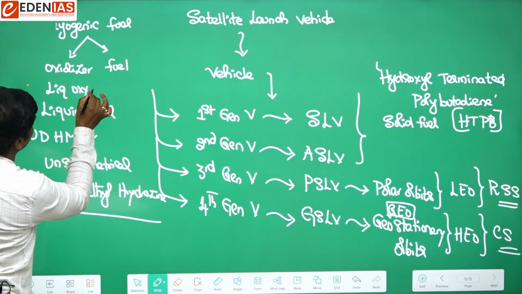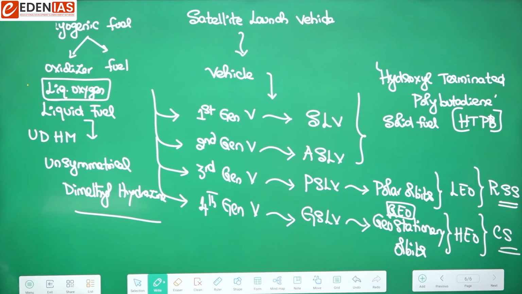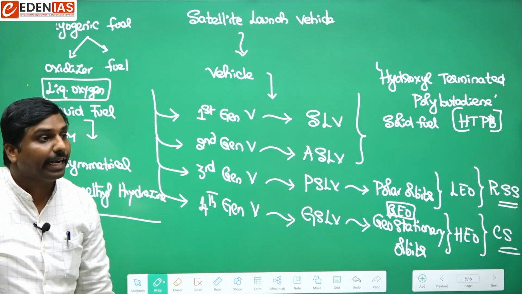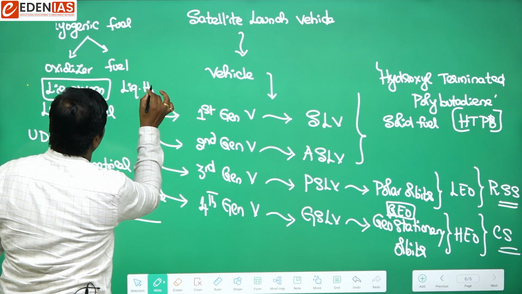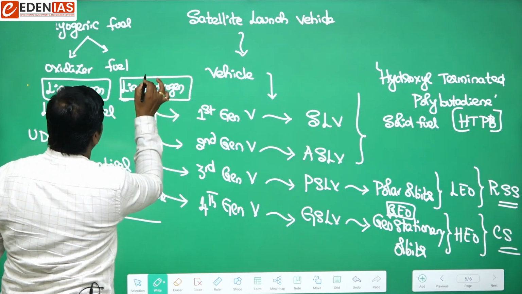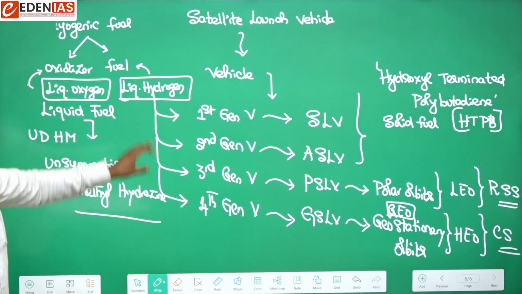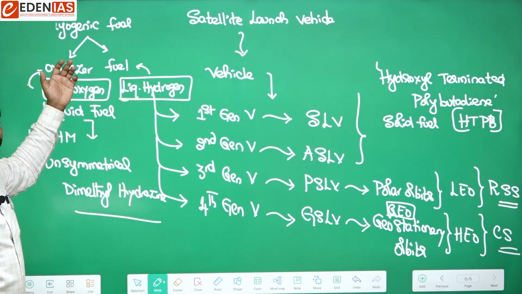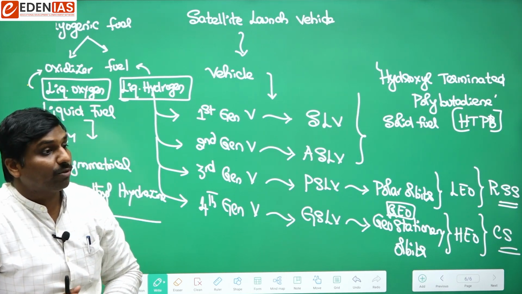That liquid oxygen serves as oxidizer, and we will have liquid hydrogen. So this serves as the fuel. So liquid hydrogen and liquid oxygen. So these are the components that would be present in cryogenic engines.